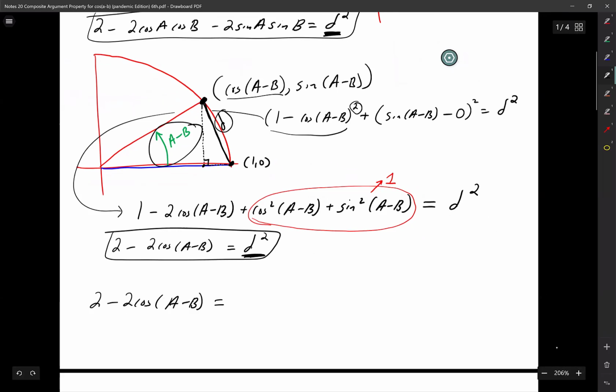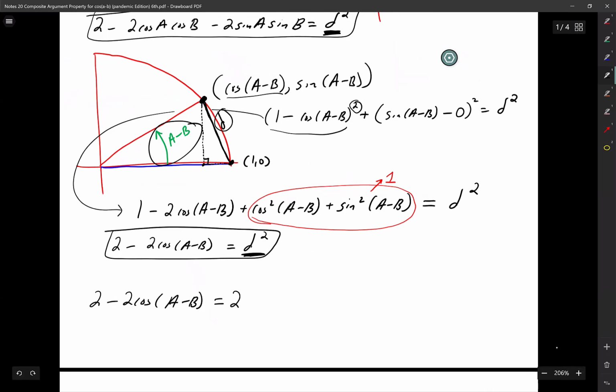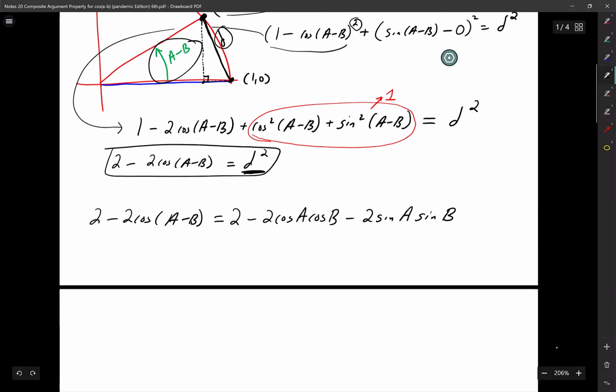Let me zoom out so I can see it. 2 minus 2 cosine A cosine B minus 2 sine A sine B. All of those equal d squared. I'm not going to bother with the d squared anymore. I just needed it for that.